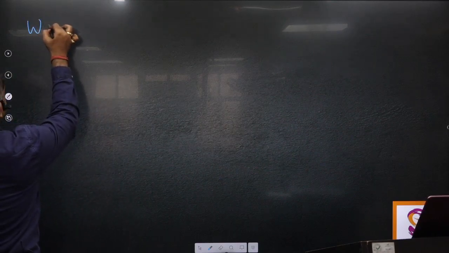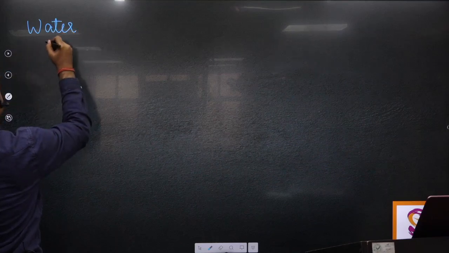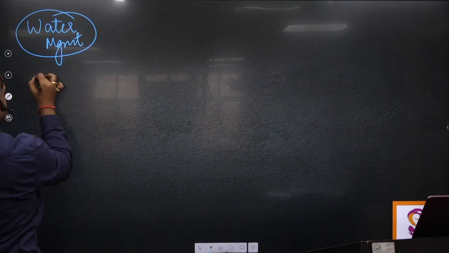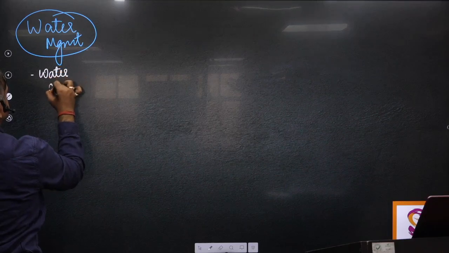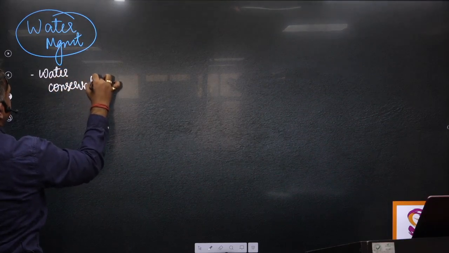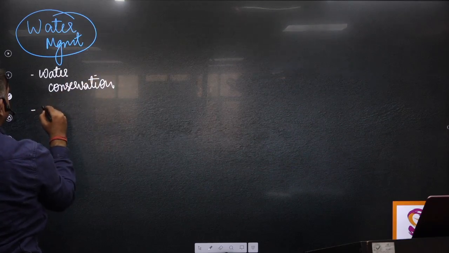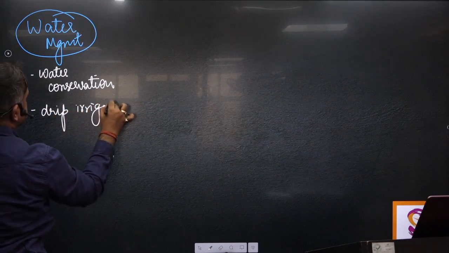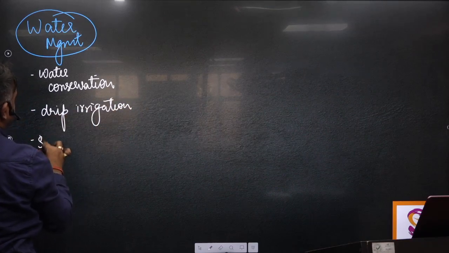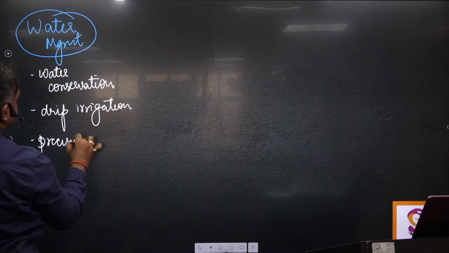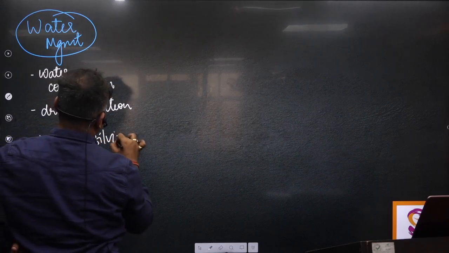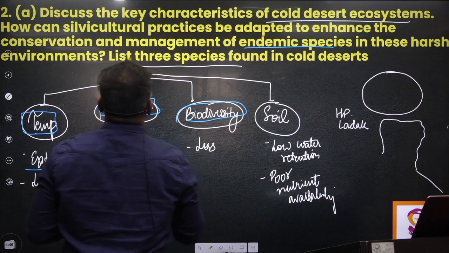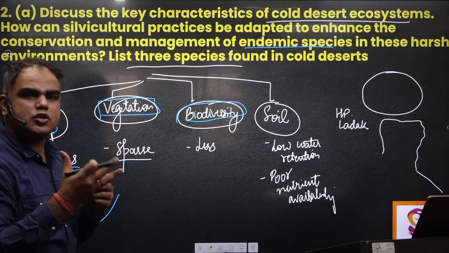Okay, so again, one, from the water perspective we can write about, which can be, for example, better water conservation, specific points. For example, we can talk about how we can use drip irrigation. Even we can talk about, for example, precision silviculture. Now here also other points, because see the question is silvicultural practices, so it will be very broad.